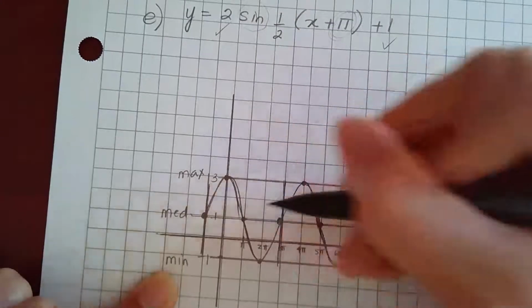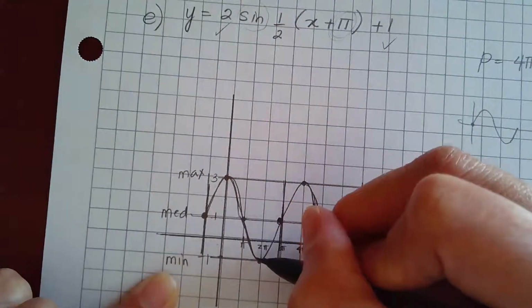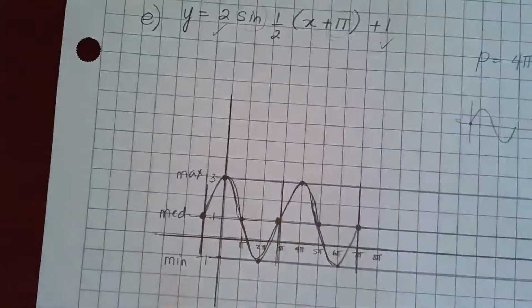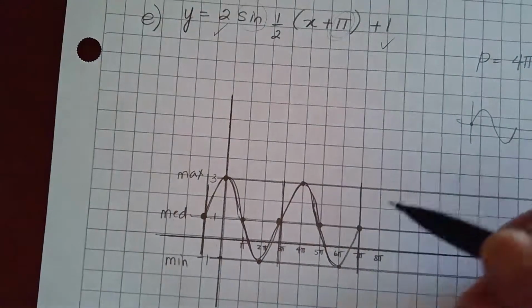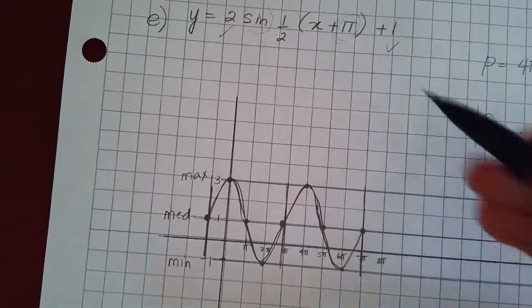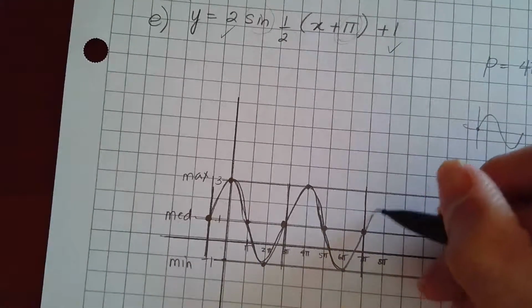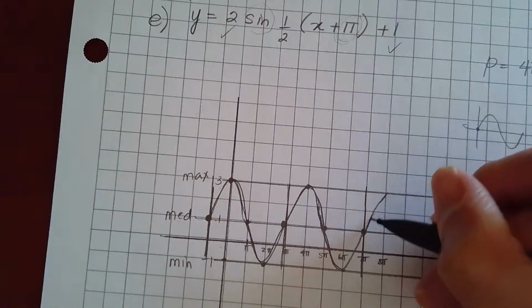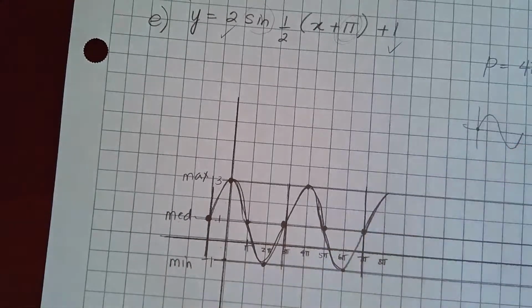Okay, so there you go. There we go. So we've completed a cycle. If you want to keep going, this part here will just continue on to that part. Okay, so there you have it.